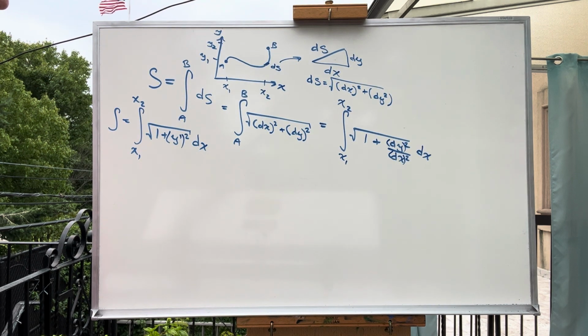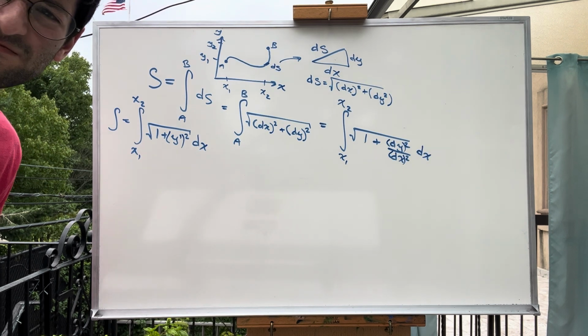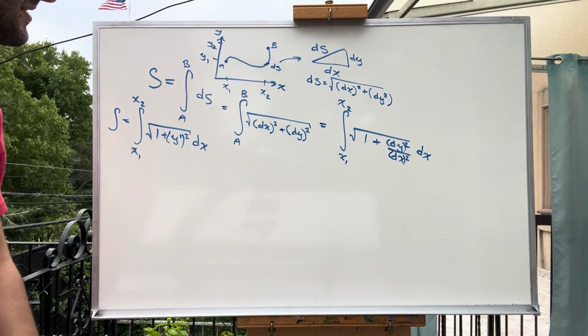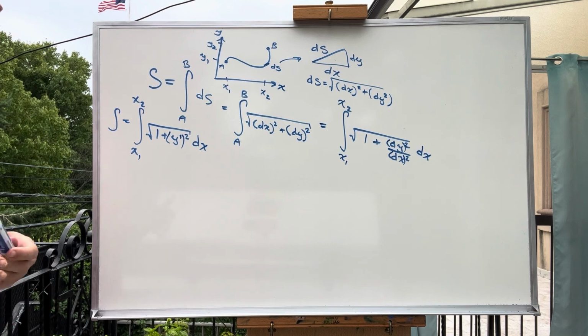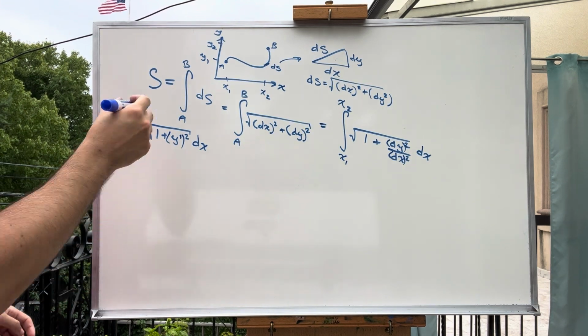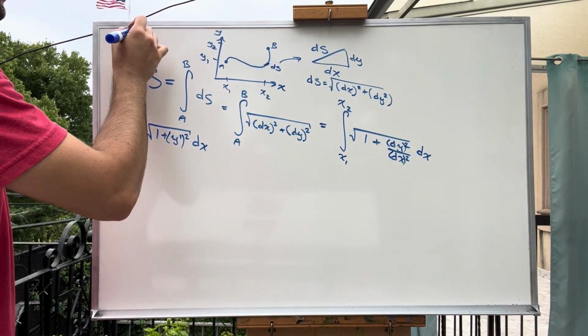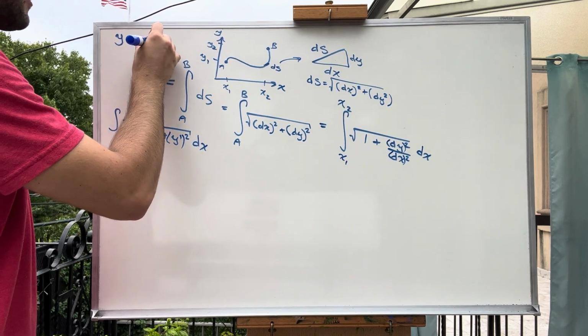So, if we were to write this straight line, in this case, the line segment from point A to point B, we know that's going to be some function y in the form of mx plus b.